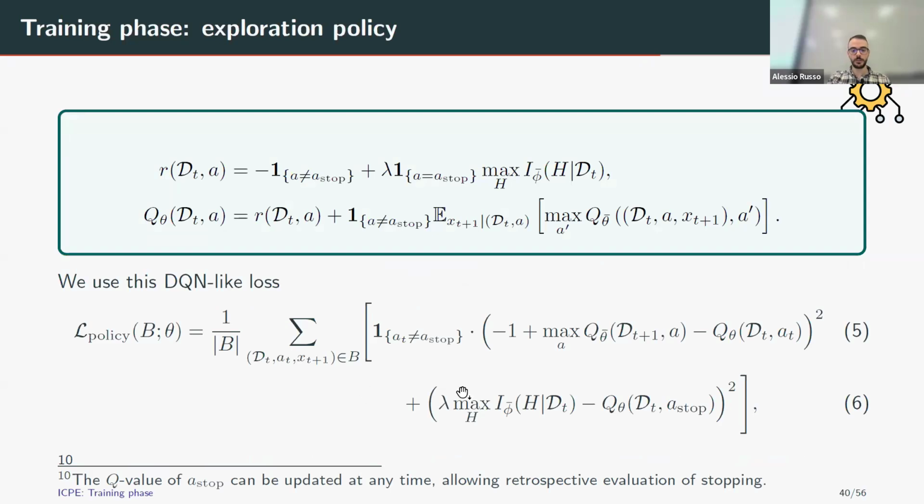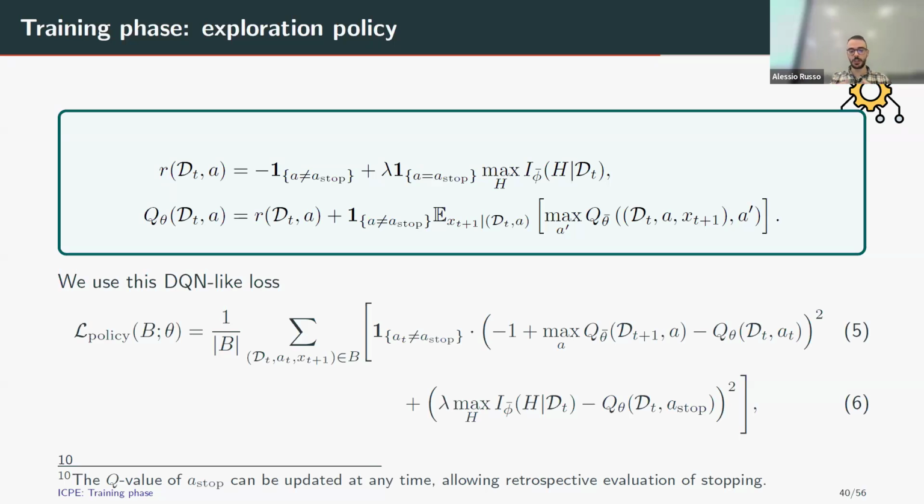But there is something here to note that the loss that we use is made of two terms. And the second term, basically, is accounting for the fact that you can always evaluate the value of stopping at any partial trajectory that you have collected. So here we are simply maintaining a data set of trajectories. And in DQN, you sample from this data set a batch of partial trajectories.